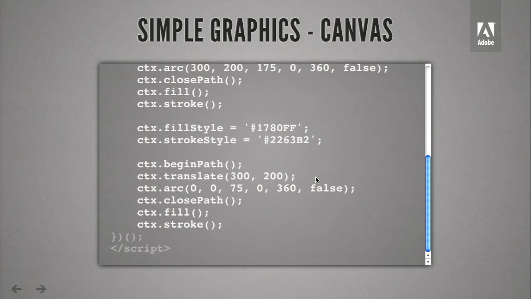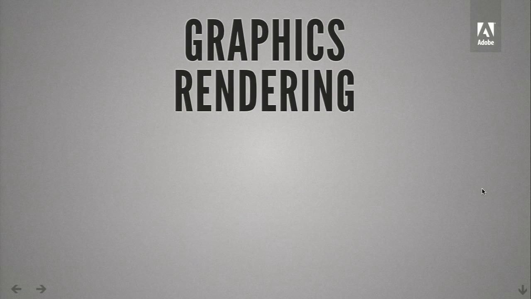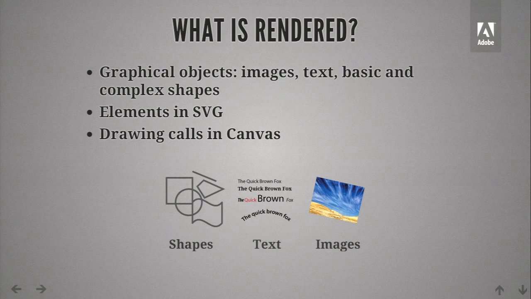So that gives you a very quick overview of the flavor of those APIs. Now, what's involved in graphics rendering? I was describing the separation between what we render and how it gets rendered. What we can render in graphics really is three things: basic shapes, so lines, rectangles, circles, ellipses, and also complex shapes like Bezier curves, quadratic curves, cubic curves.